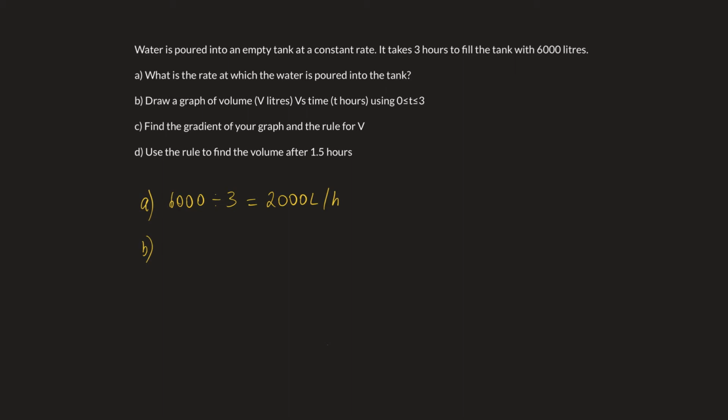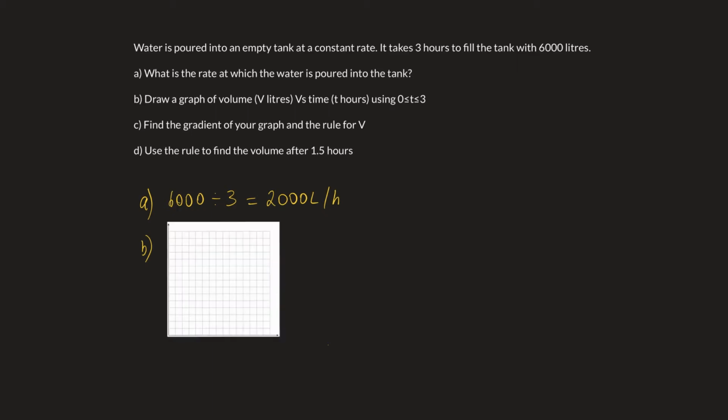B, draw a graph of volume V litres versus time T hours, where T is greater than or equal to 0 and less than or equal to 3. Okay, so I've got my grid here. I'm going to have T for time along my x-axis and V for volume up the y-axis. I'm going to let each square represent 30 minutes.